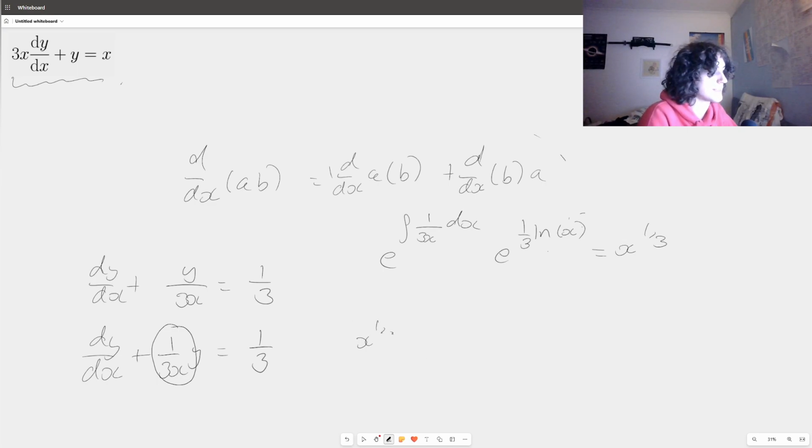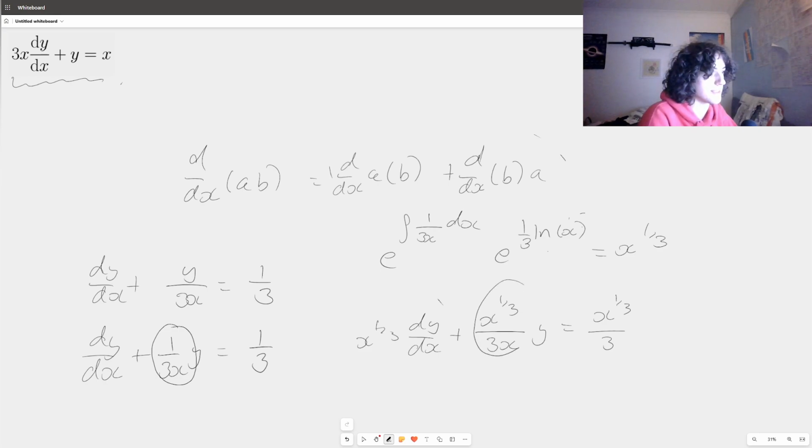So I'm going to have x to the third dy by dx, plus, now I'm going to multiply this again by x to the third, but usually it helps you to cancel whatever you've had. x to the third over 3x y is equal to x to the third over 3.